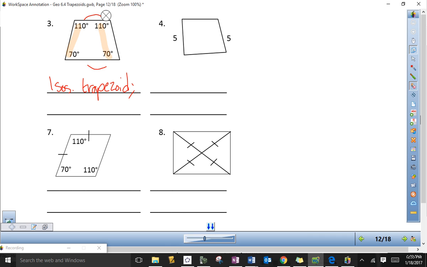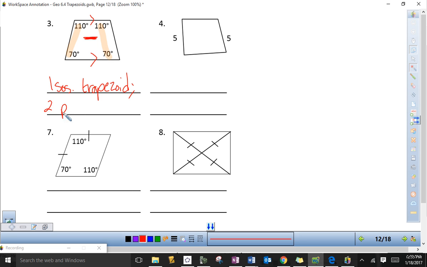But by definition, if you have 2 pairs of consecutive angles that are supplementary, and those pairs are across from each other, that means what they're between has to be parallel. So I'm just going to have you say 2 pairs of consecutive angles that are supplementary. That tells us trapezoid. Then the base angles being congruent tells us isosceles.